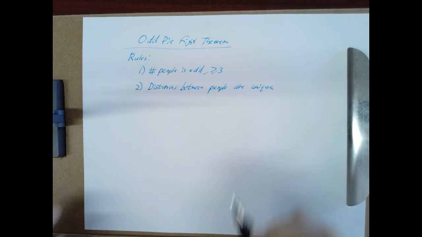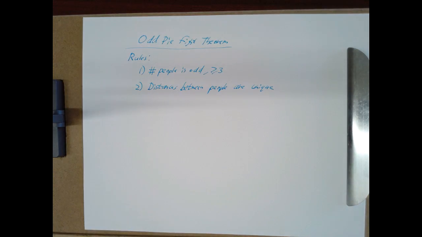What does this mean? If you pick any two people and you measure the distance between them, it's exactly 72.5 centimeters. No other two people in the room can be that exact distance apart. Okay, distances are always unique, and that's generally going to happen if you measure accurately enough. So 3 or more people, odd number of people, unique distances.